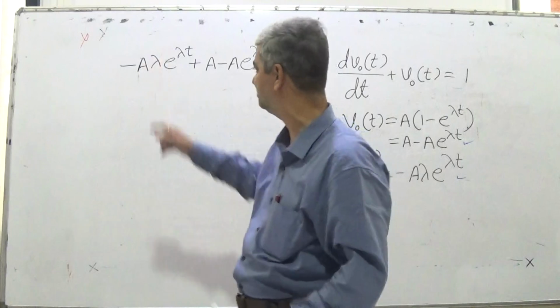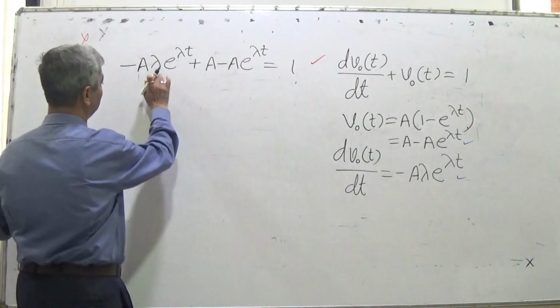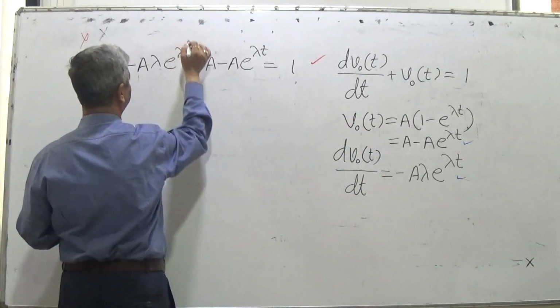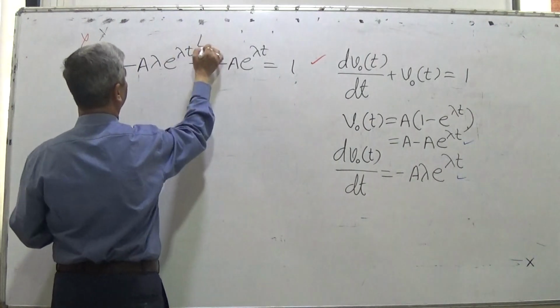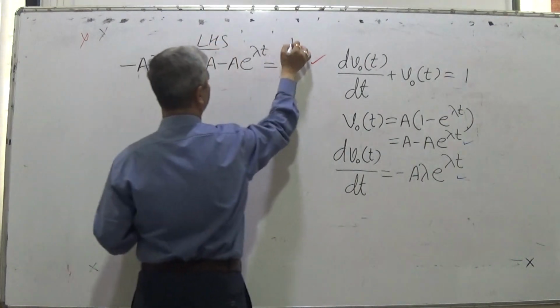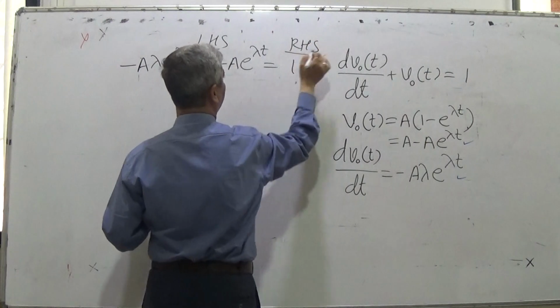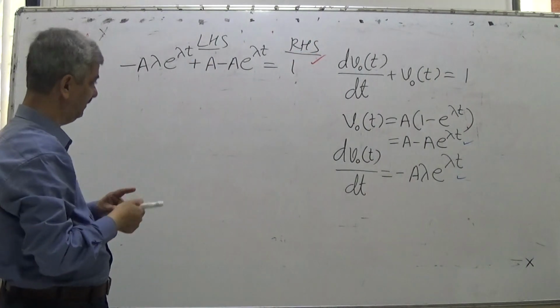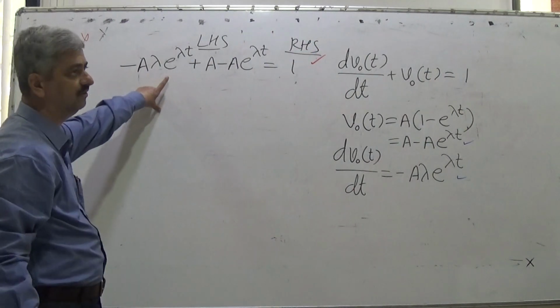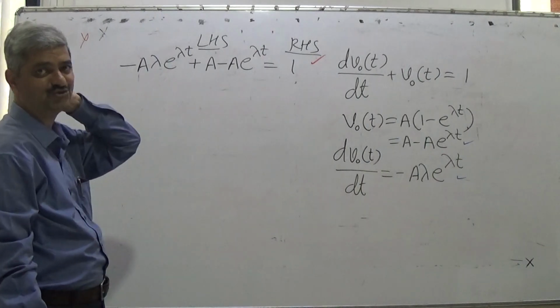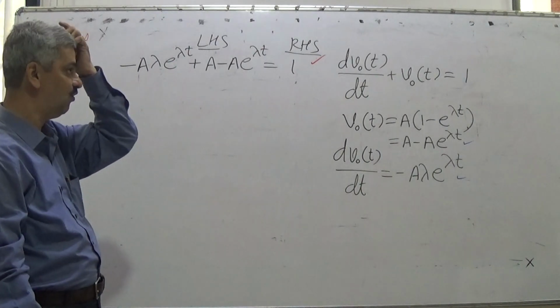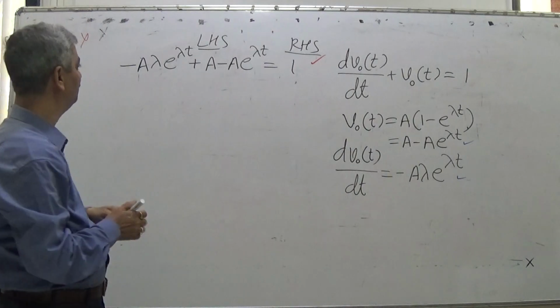This equation is satisfied if and only if the left hand side, LHS, and RHS match, for the terms which contain e raised to lambda t and the terms which don't contain e raised to lambda t.